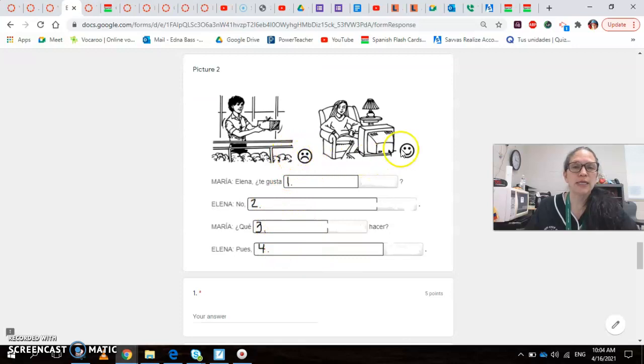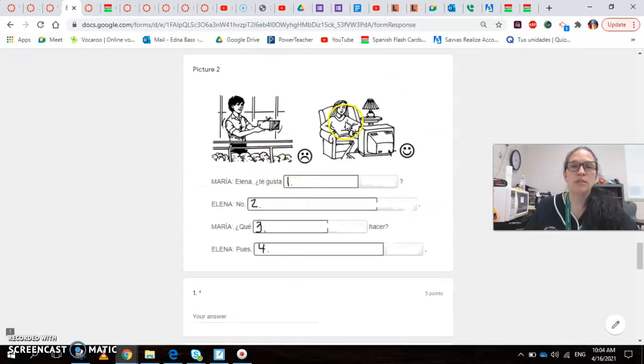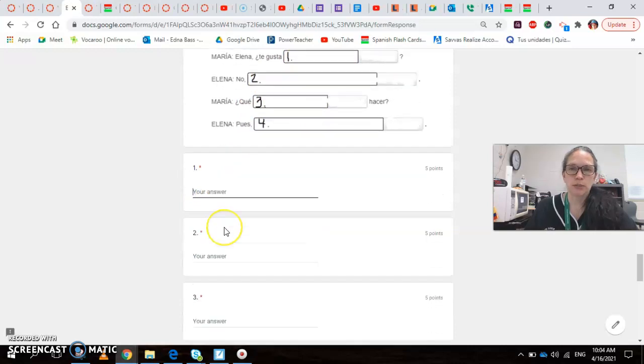Based on this, you're going to put the answers. So you have your images and you make up your question and your answer, your question and your answer, and then you put what is missing in the blank, which has to go here where it says your answer.